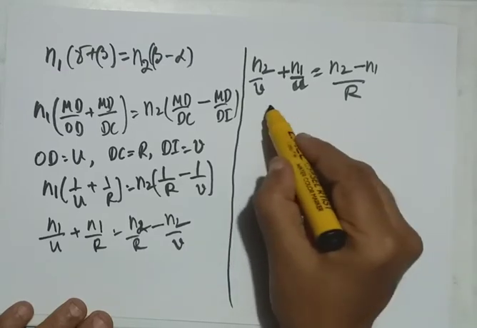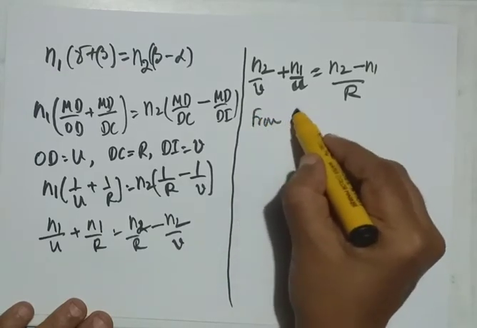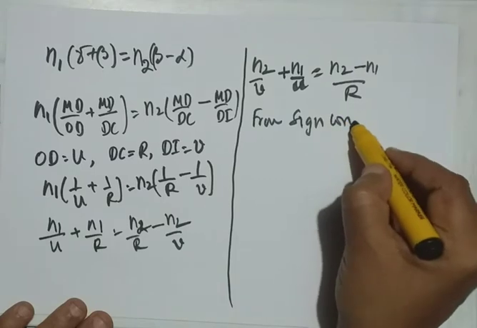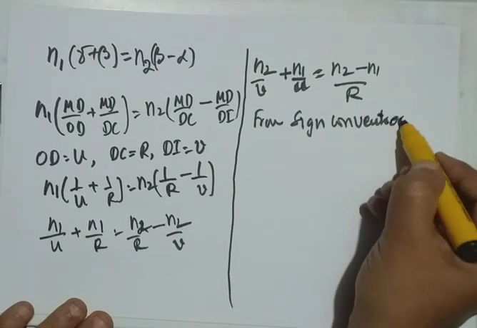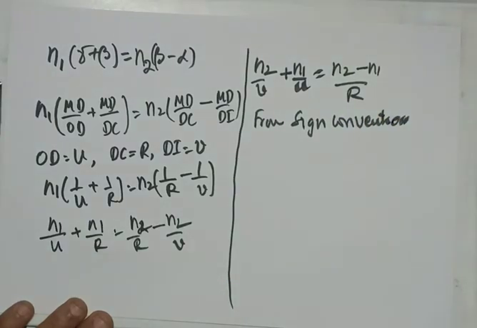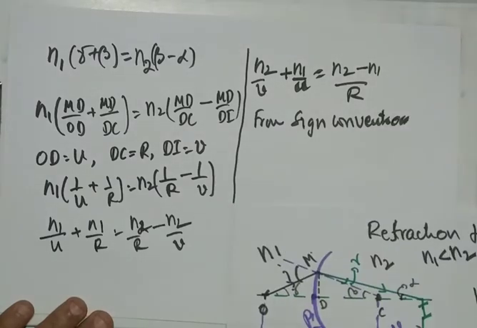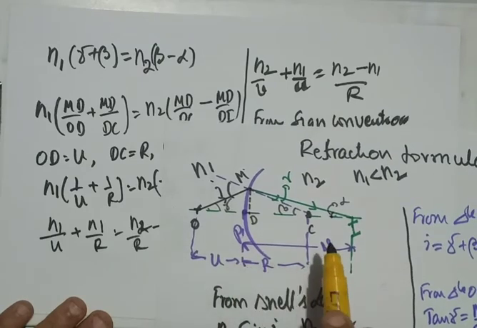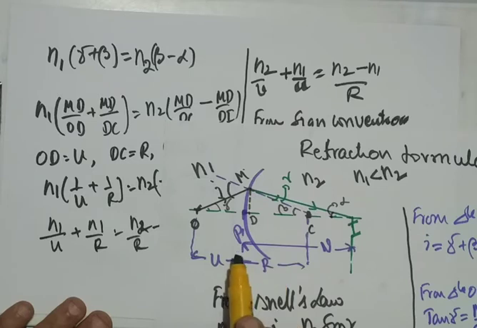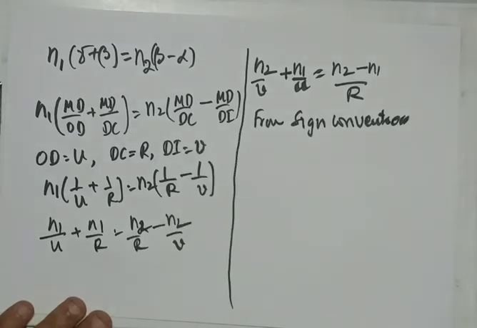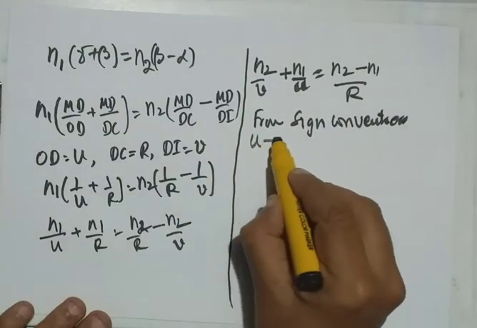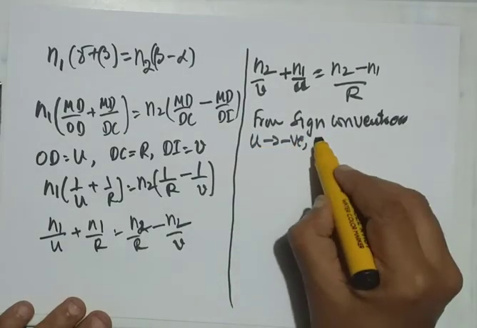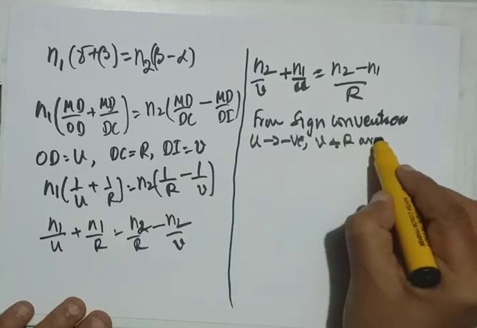But from sign convention, can you tell me what we can write? Observe, from sign convention, in this figure R is positive because it is in the direction of the incident ray, V is positive, U is negative. So we write U negative, V and R positive.